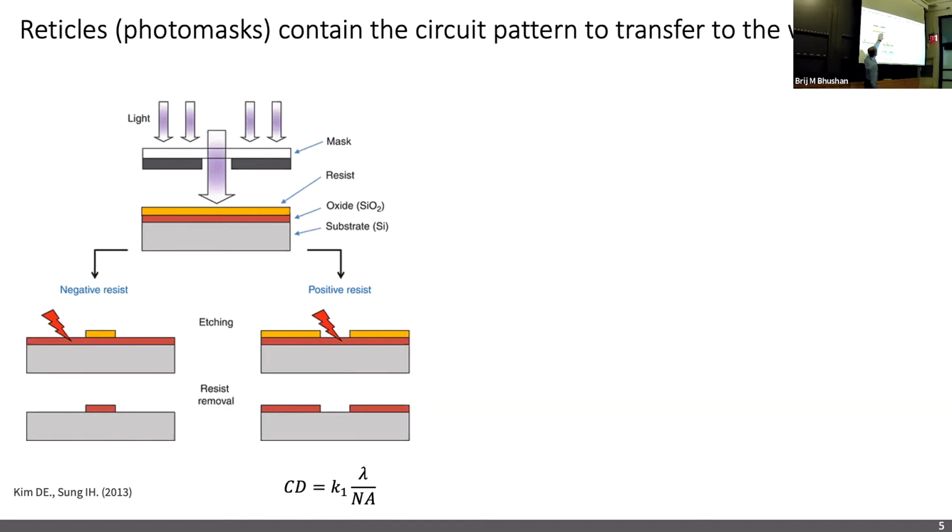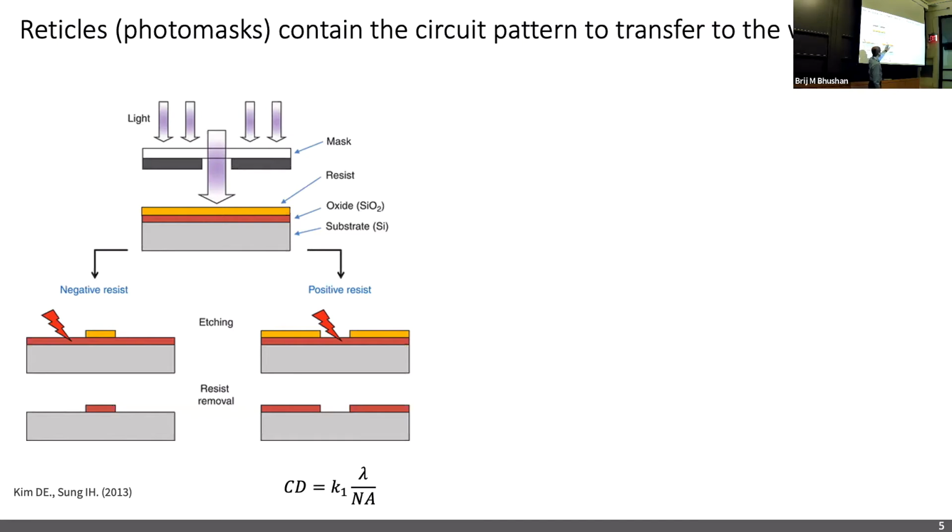Those regions where light shines, the resist, a photosensitive coating, undergoes a reaction and either hardens, in which case it remains and all the other components go away, which is called a negative resist. In other cases, it softens and that region goes away and we get a cavity there, and all the other regions remain the same. That is photolithography in very short.